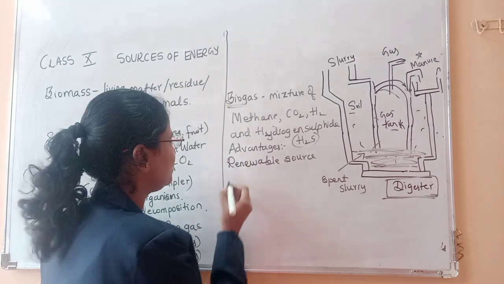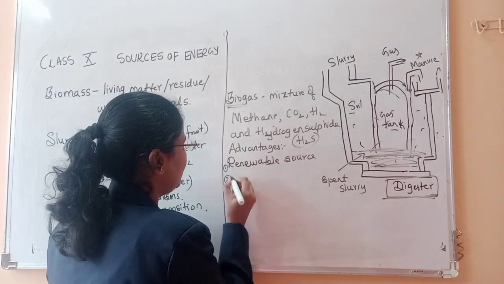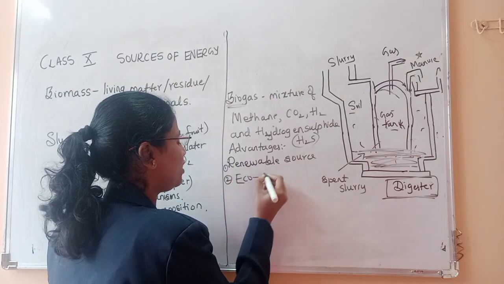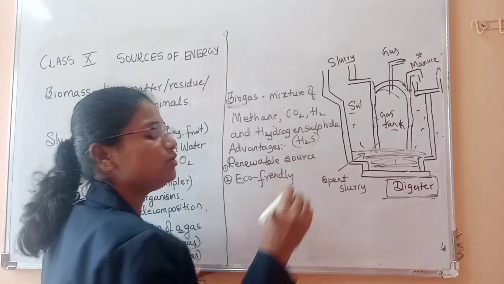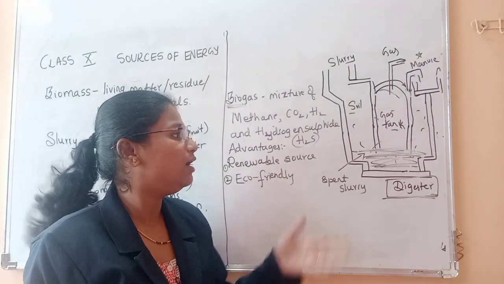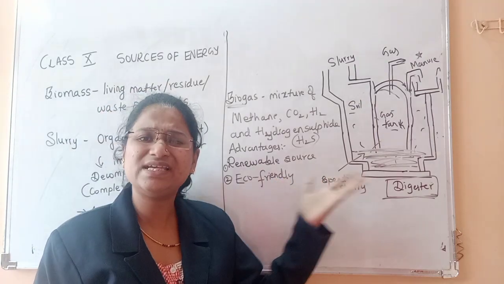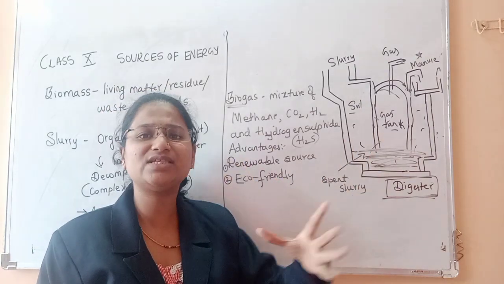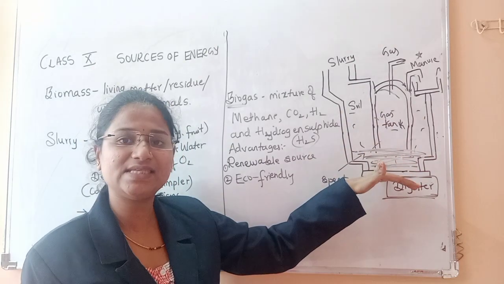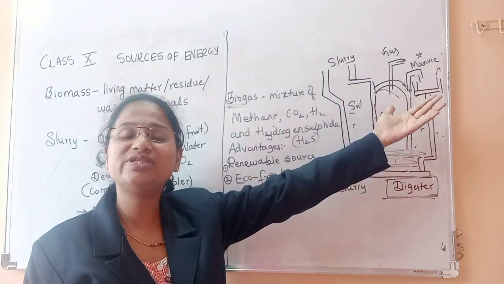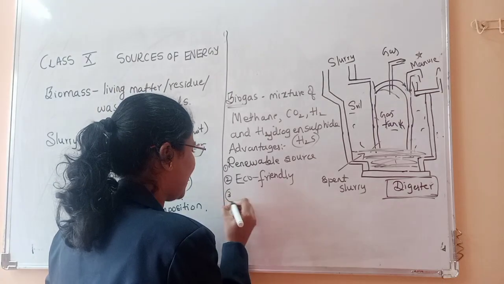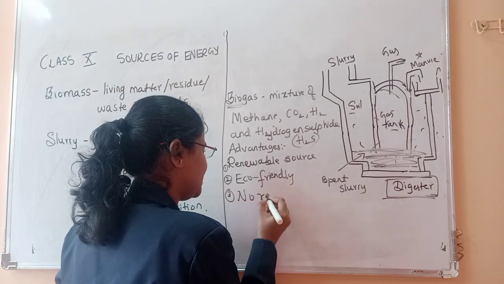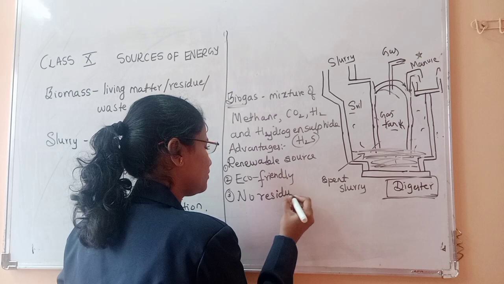The second thing is that it is eco-friendly, or environmentally friendly. No smoke is released, and there is no residue, which means no waste. Whatever slurry is decomposed is again used as manure. So we have no residue like ashes or smoke.